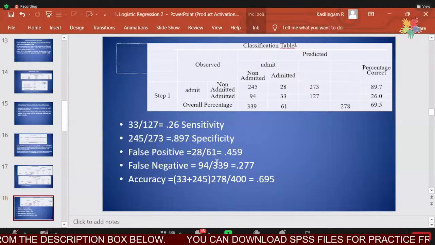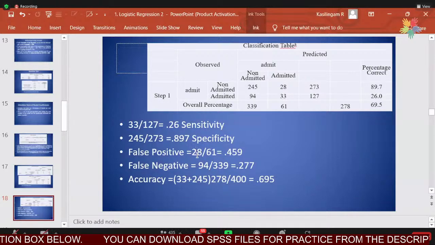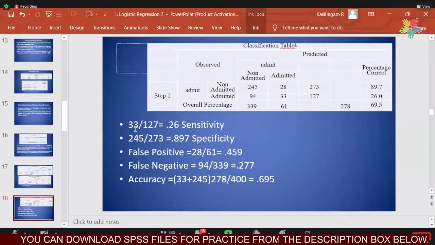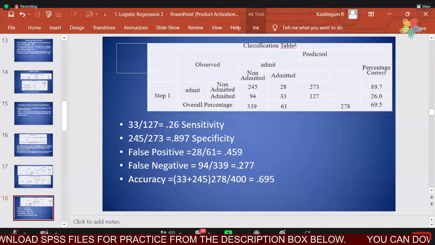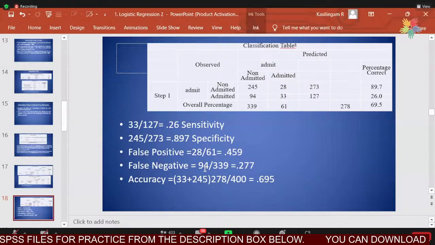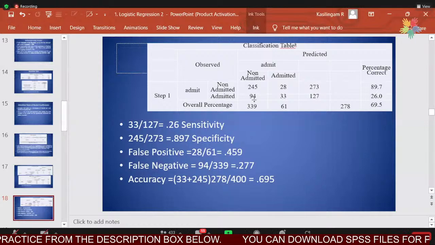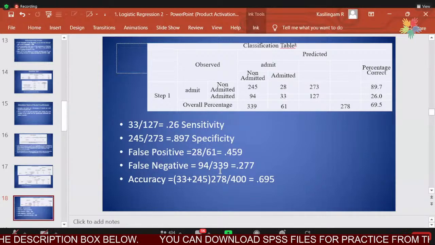Both are false, wrong. This is also wrong, this is also wrong. These are both right: predicted admitted right, or not admitted right. So 94 is false. False divided by 339 is called false negative.